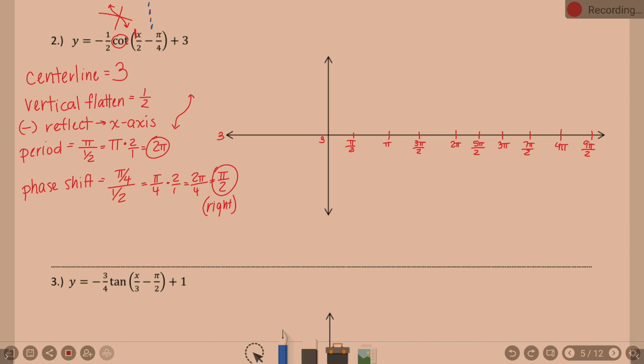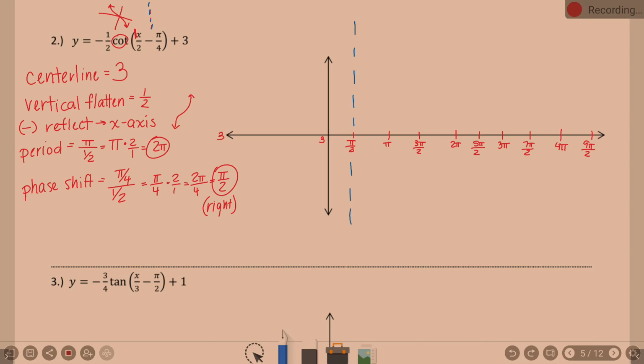Pi over 2. So now, my asymptote that should be at the y-axis is at pi over 2. How often am I going to put another asymptote? Once every cycle. So once every period, we need another asymptote.